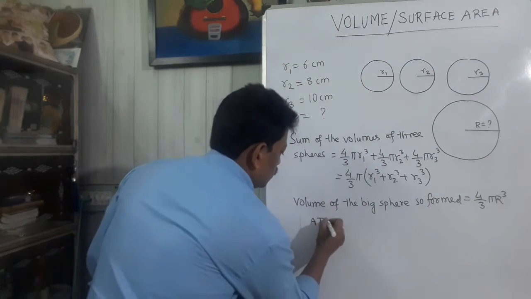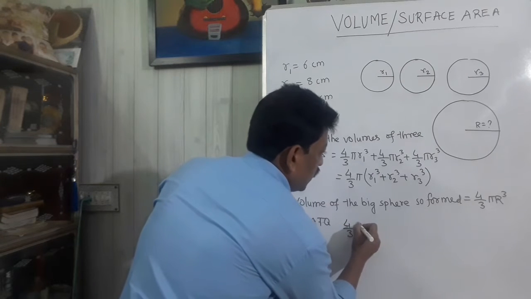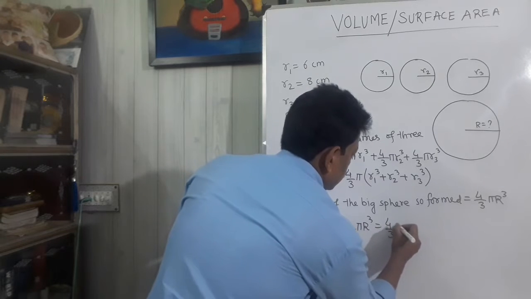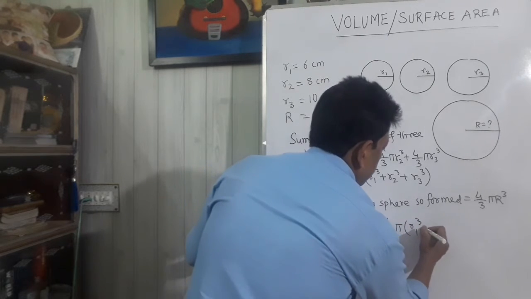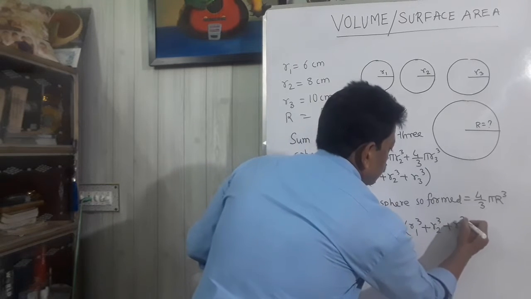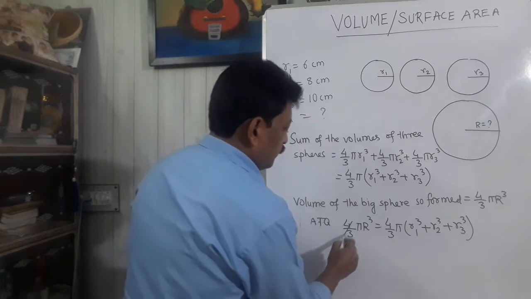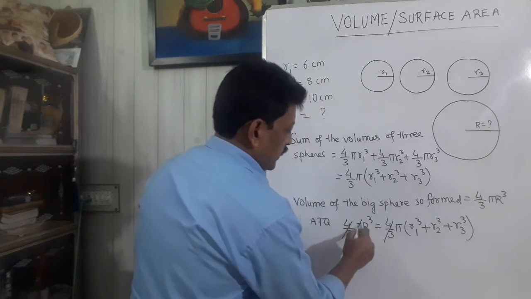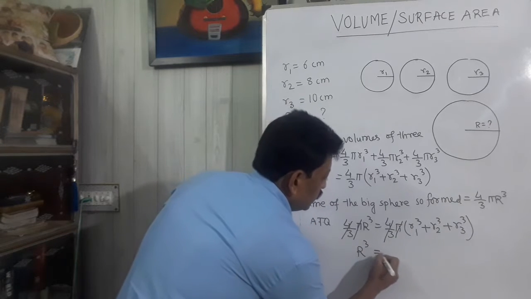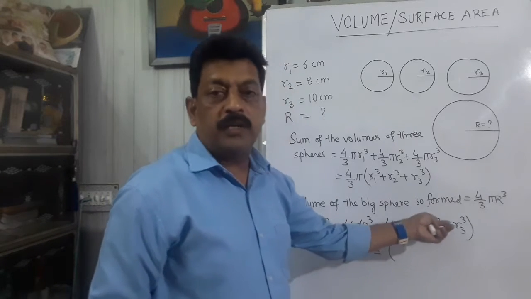So according to the question, 4 by 3 pi R cube equals 4 by 3 pi times r1 cube plus r2 cube plus r3 cube. From both sides we can cancel 4 by 3, and we can also cancel pi, so the remaining part will be R cube equals r1 cube plus r2 cube plus r3 cube.